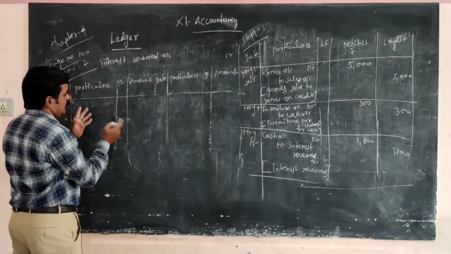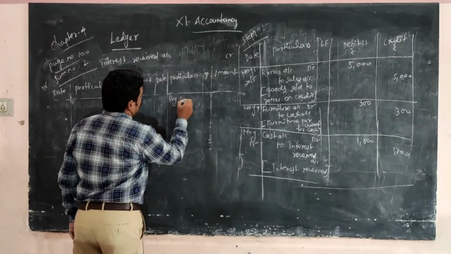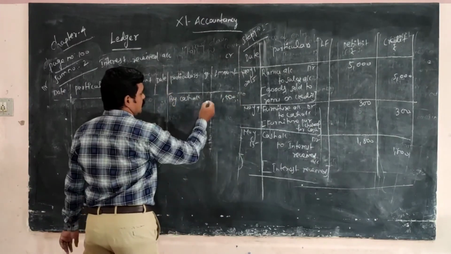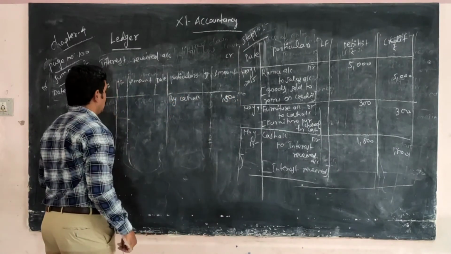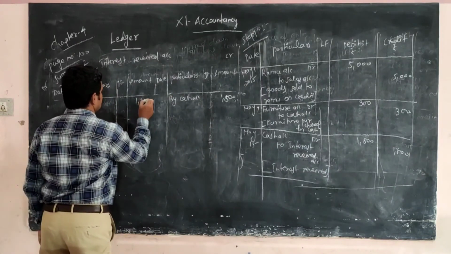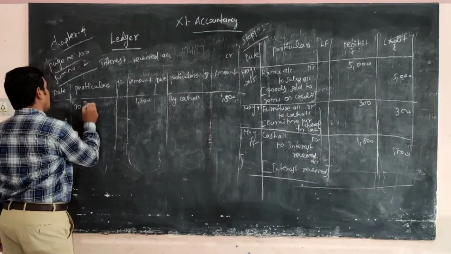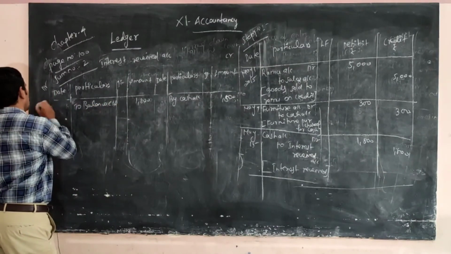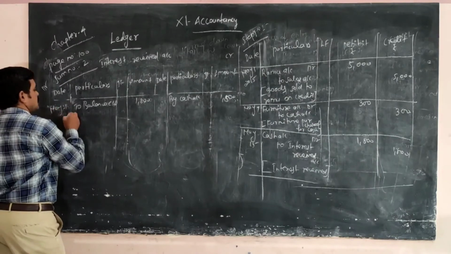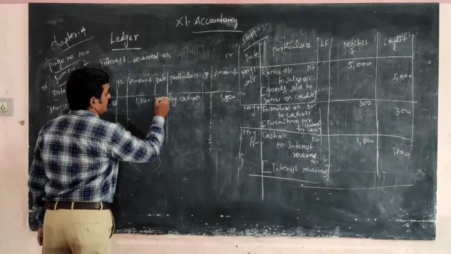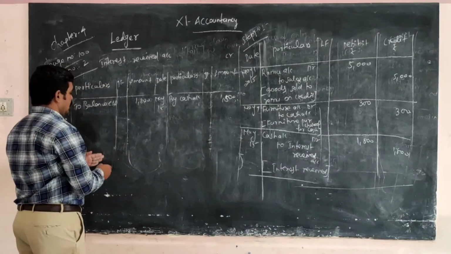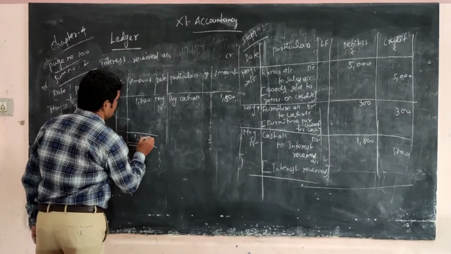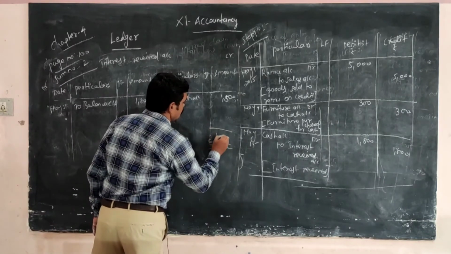So in the cash account, interest received. So by cash account, the amount is 1800. Here there is no balance, that is 1800, that is called to balance carried on June, that is May 31st. Here also May 15. Okay, here now the balancing amount is 1800. Here also 1800.